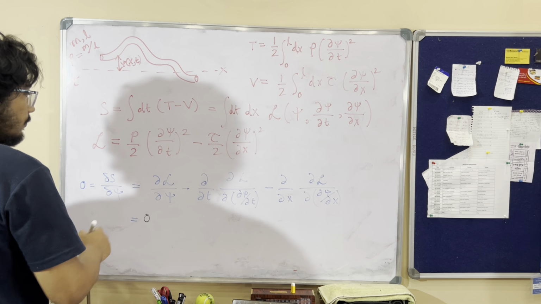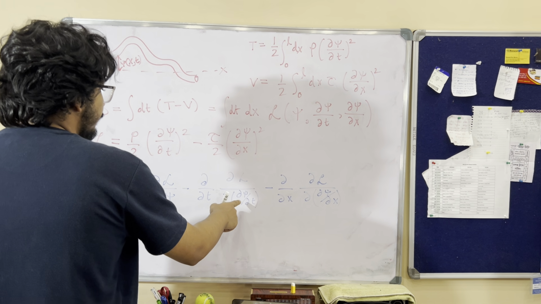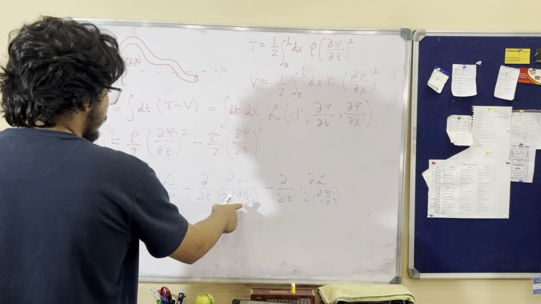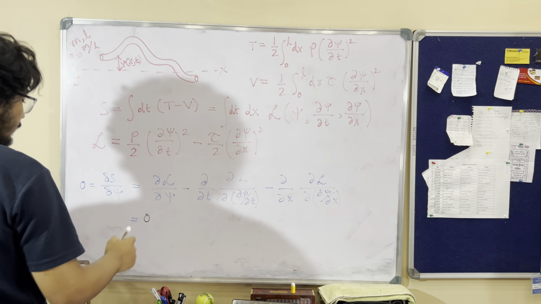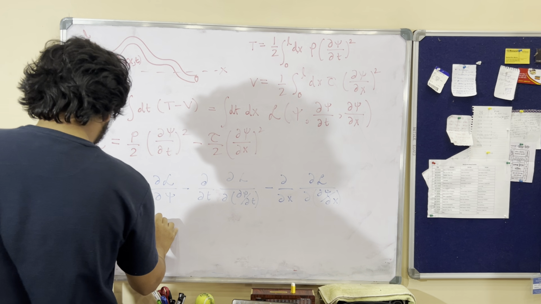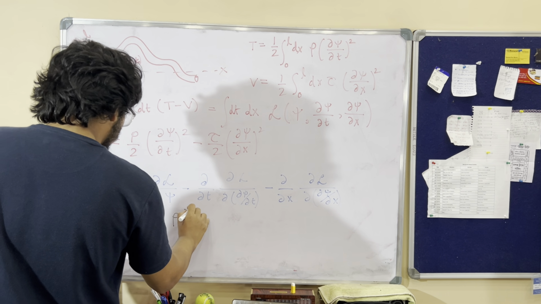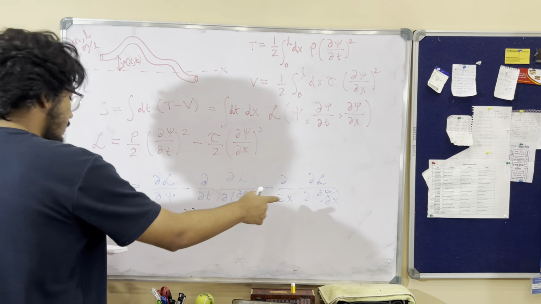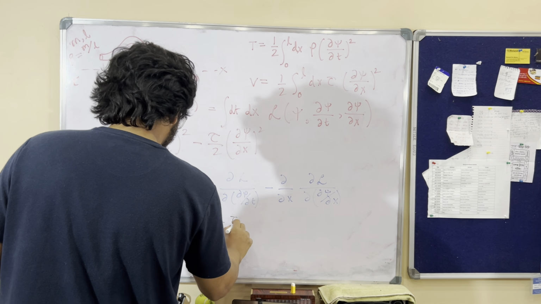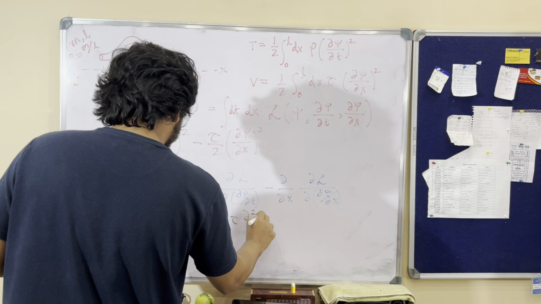This thing will be 0, and if we differentiate by the time derivative of psi, this thing is here, so it will give us this thing, and similarly that part gives this thing.